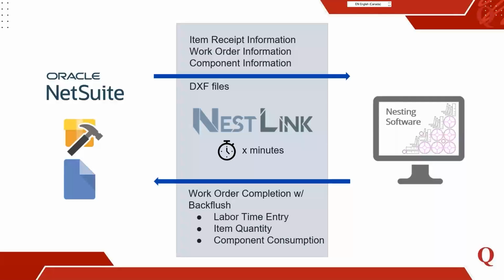It's going to update the labor time entries based on actual times. It's also going to update the item quantities, so how many pieces were actually cut versus how many pieces were planned to be cut, as well as the component consumption. So what kind of inventory levels do we need to update in NetSuite based on what was actually consumed?